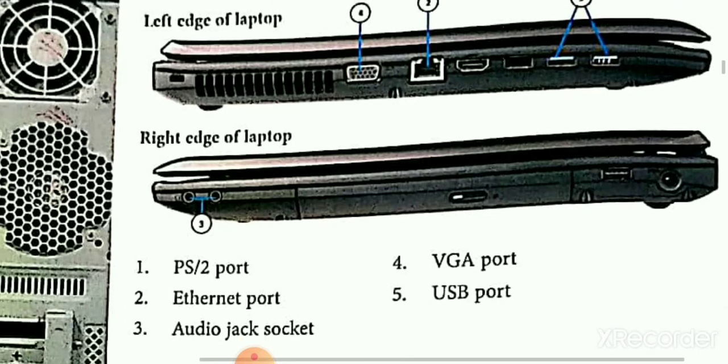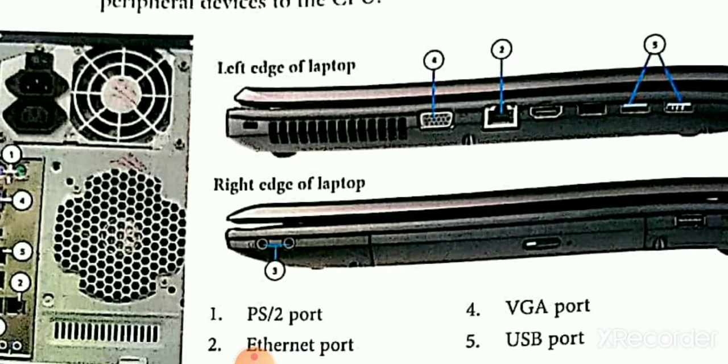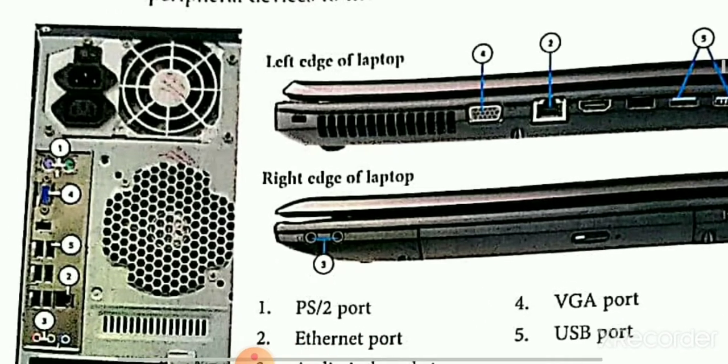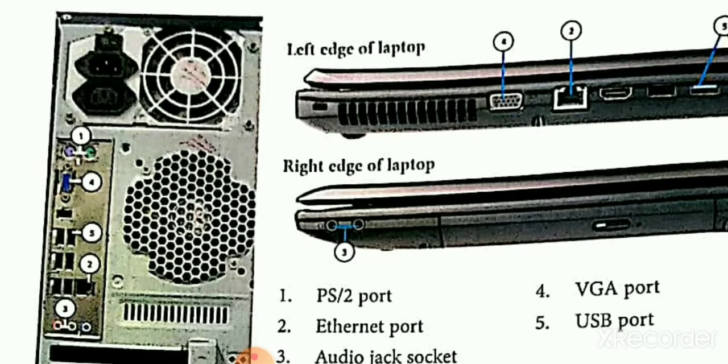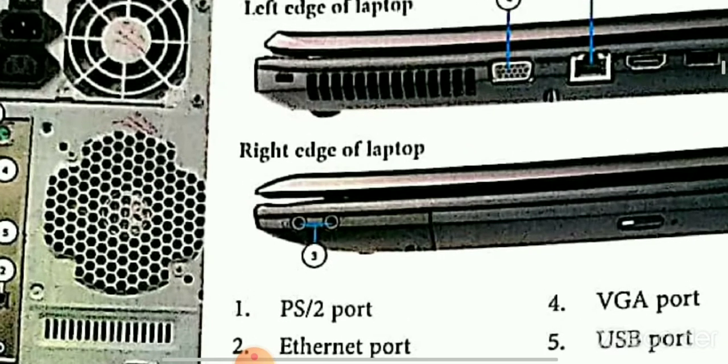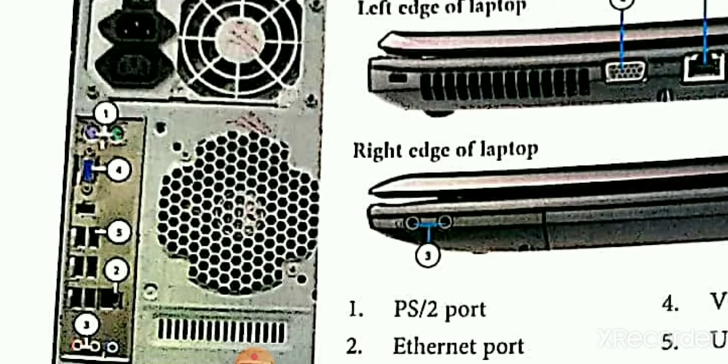At the back of the desktop CPU box, various ports are available on a panel to connect external devices. Look at this picture, port 1 is the PS2 port. PS2 port is used to connect the mouse and keyboard.